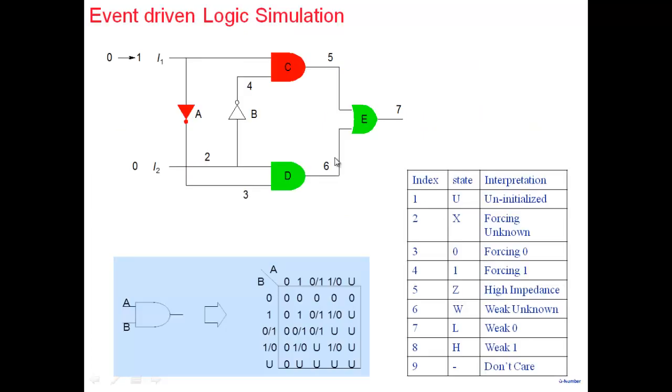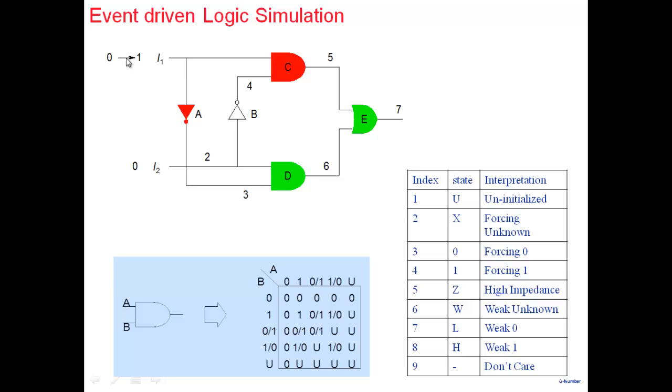And if you want to look at the timing aspects, then you'll have to include the delays of each individual gate, and then the simulation proceeds according to the delays. And as I was telling, the simulation with delays becomes more time consuming because of the computation associated with the delays. So if you want to verify whether the functionality of the circuit is correct or not, this is what you do: event-driven logic simulation, and you don't bother too much about delays at that stage.